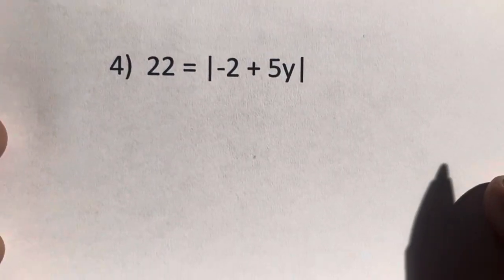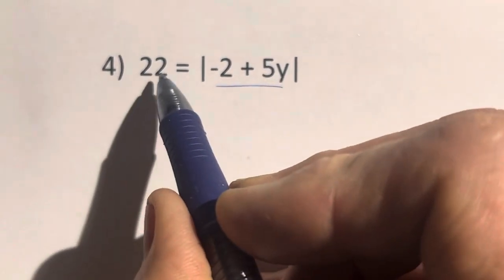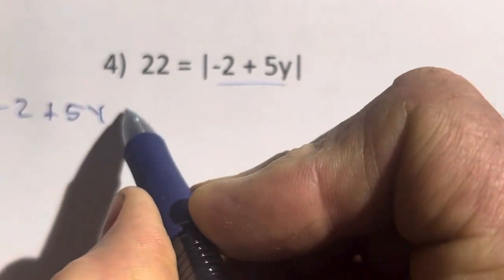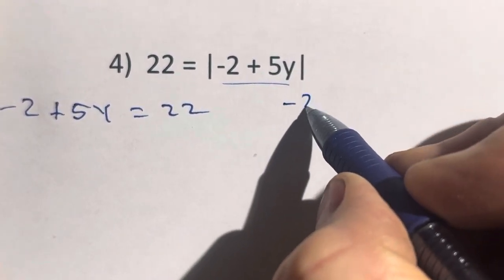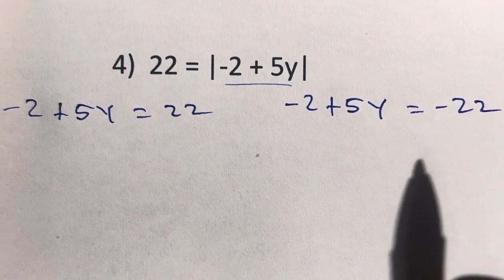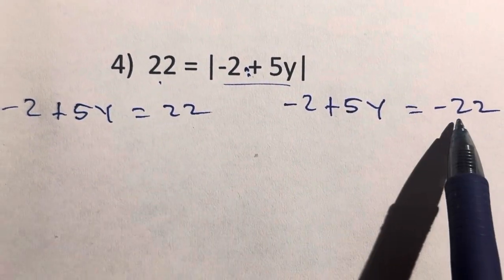What about this one? Okay, this absolute value equals 22. So that means -2 plus 5y could equal 22, or -2 plus 5y could equal -22. So we set up two equations for that because this thing could be 22 or it could be -22.